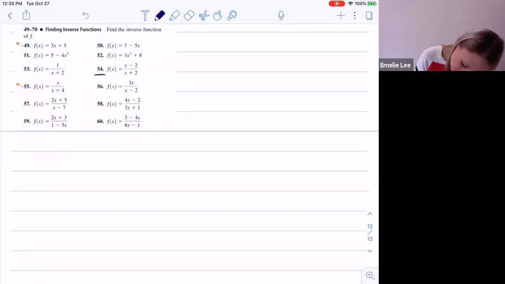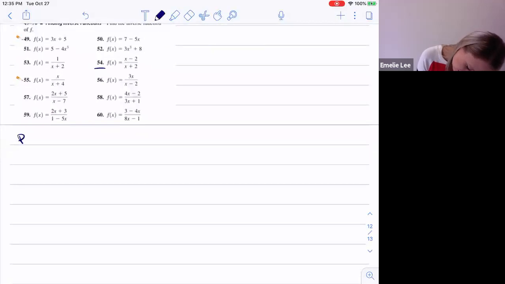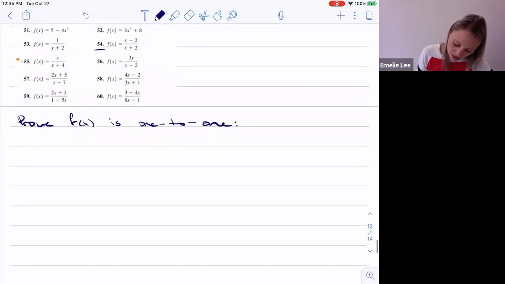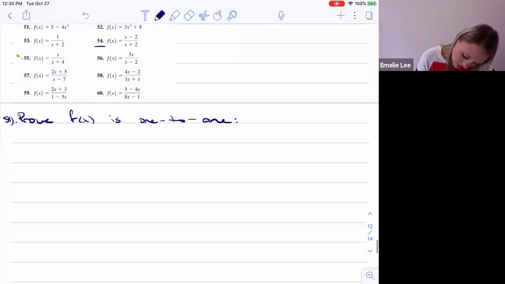So first, prove f of x is one-to-one, right? Going back to where we started in this section here, and this is 54. f of x is x minus 2 over x plus 2.